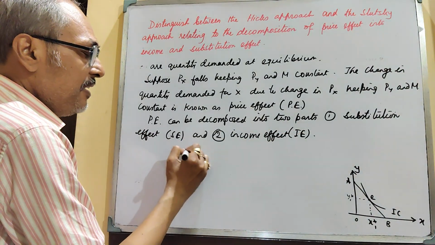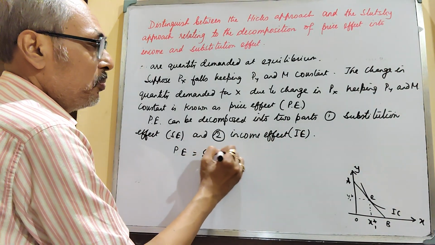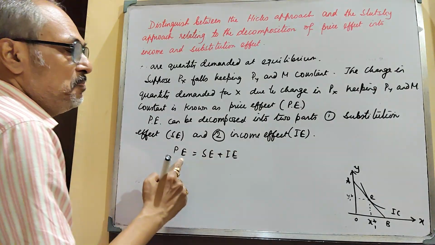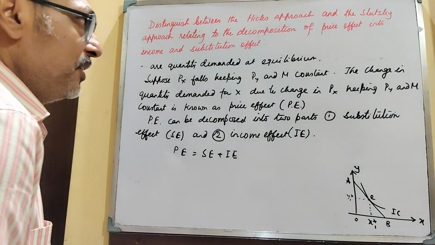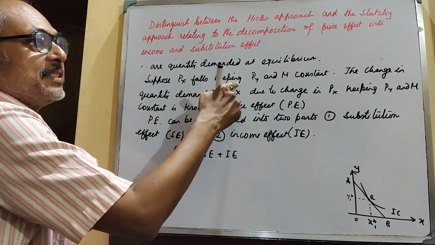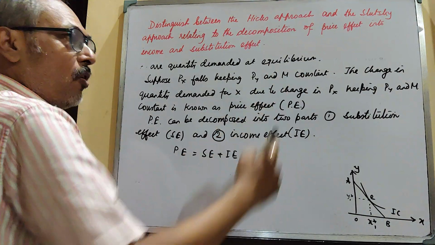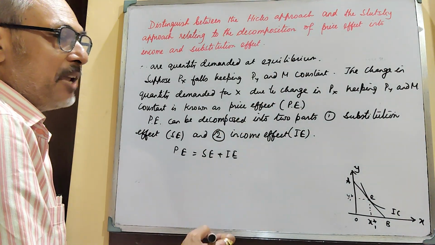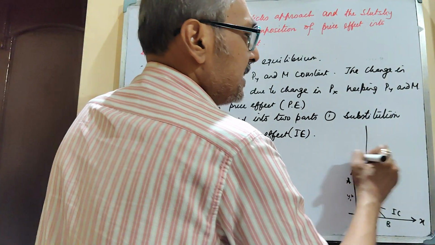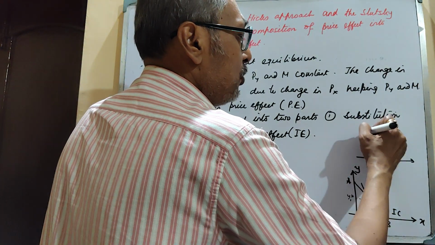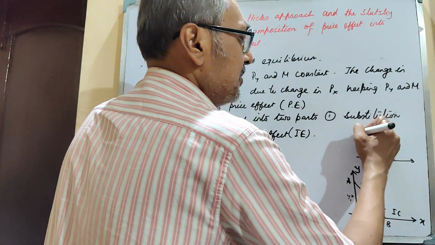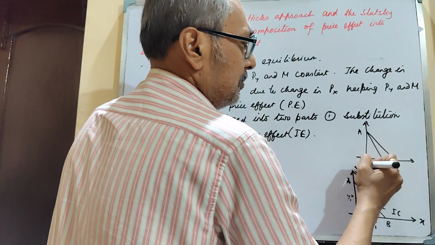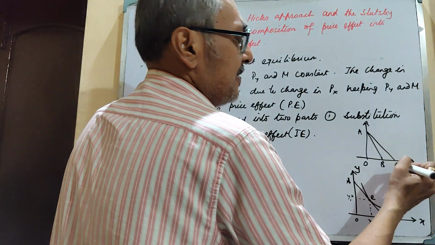That is, PE equals SE plus IE. Now, when Px falls keeping Py and M constant, the budget line rotates from AB to AC.